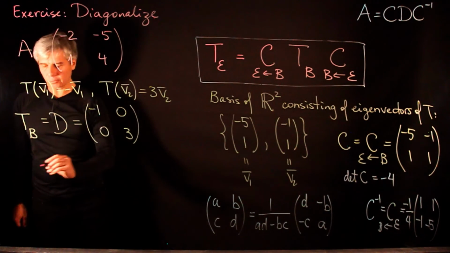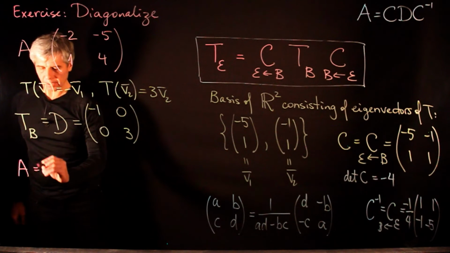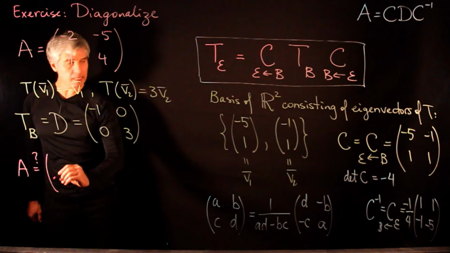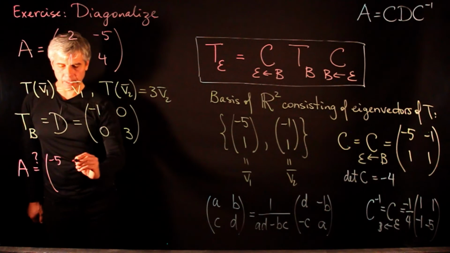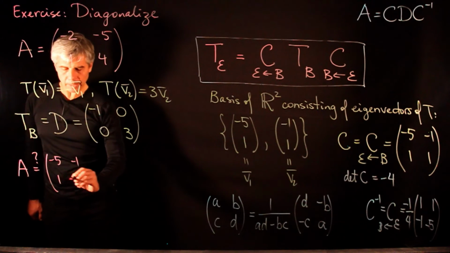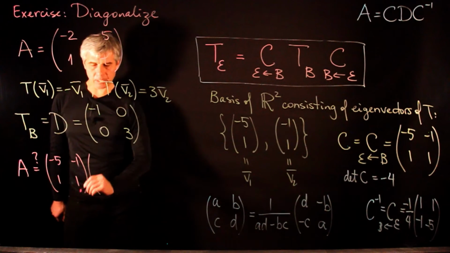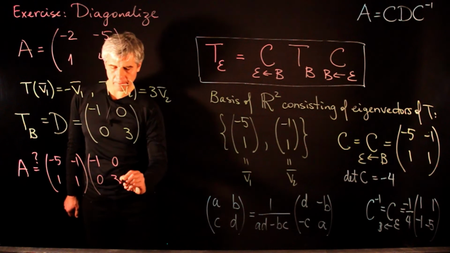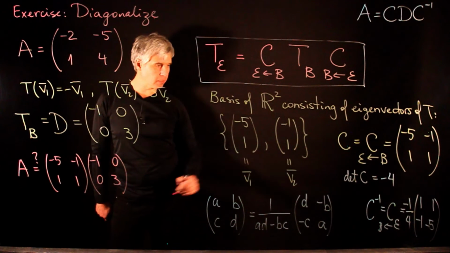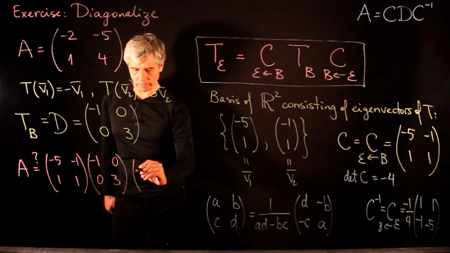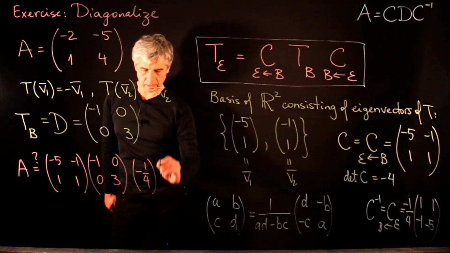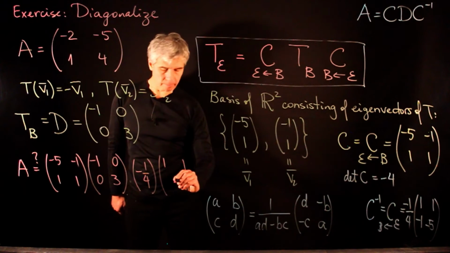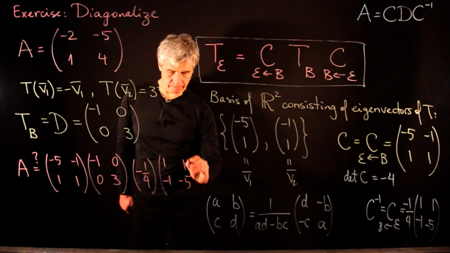So the diagonalization formula predicts that A must be equal to the following product. So it is C, which is minus 5, minus 1, 1, 1, times the diagonal matrix minus 1, 0, 0, 3, times C inverse, which is minus 1/4 times the matrix 1, 1, minus 1, minus 5.